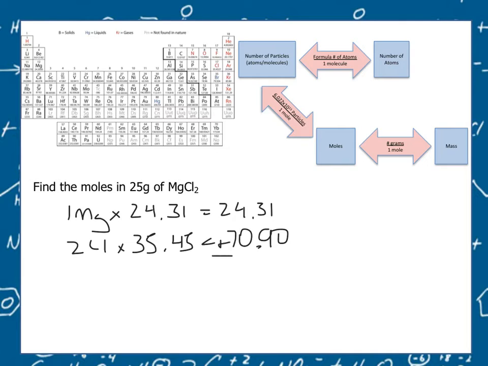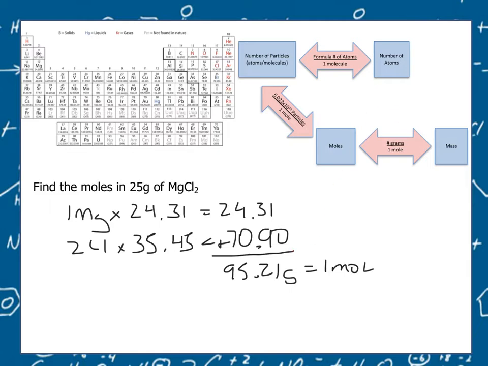And so my grand total on this is 95.21. So for this entire compound, MgCl2, this is how many grams are equal to 1 mole. So this is the number that I can put in to the grams there.